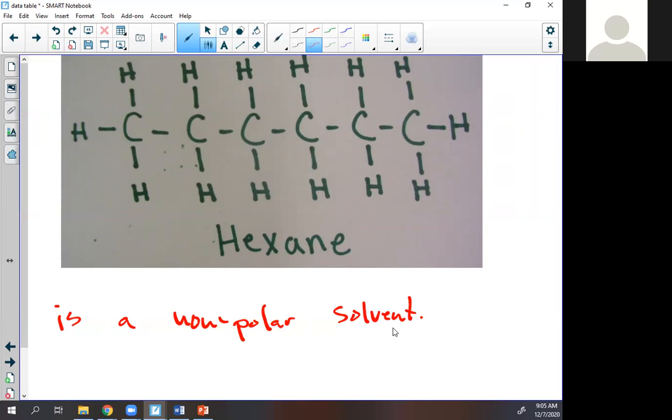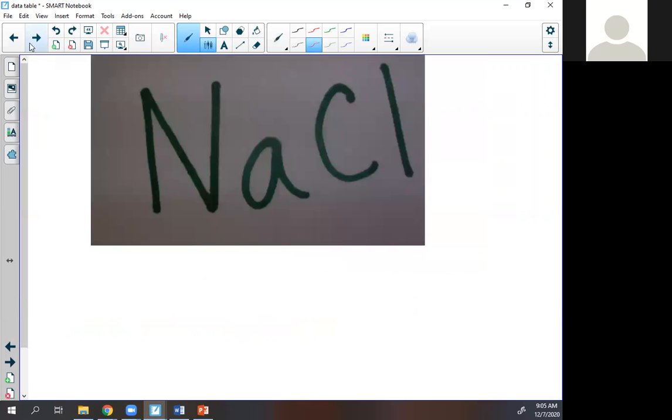But if I were to take hexane and I tried to clean off my board, let's say someone wrote with Sharpie on my whiteboard up there, I could get hexane out and it would wipe it right off. So it's like water, except it is a non-polar solvent. All right, so we have that.